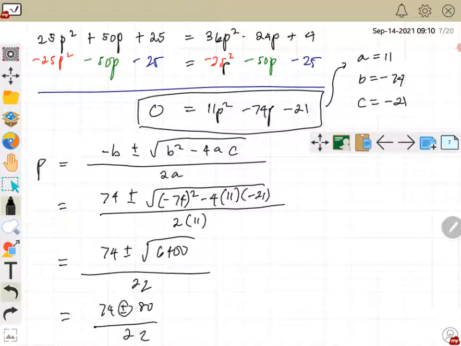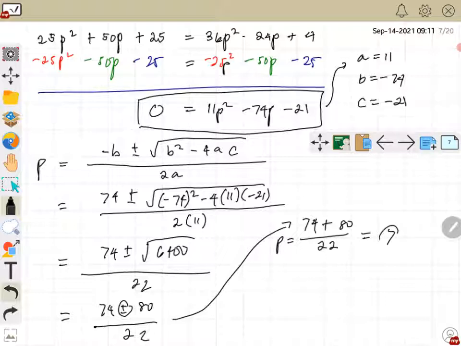Since it's plus or minus, there are two values. The positive one gives 74 plus 80, that's 154, divided by 22, that equals 7.